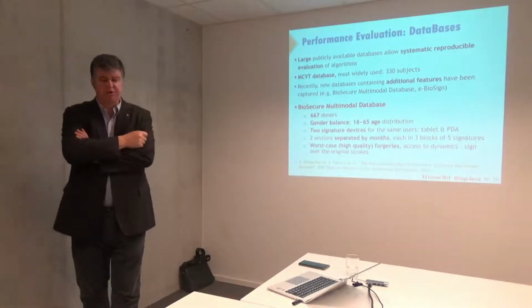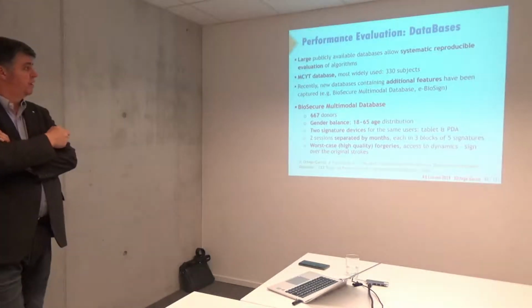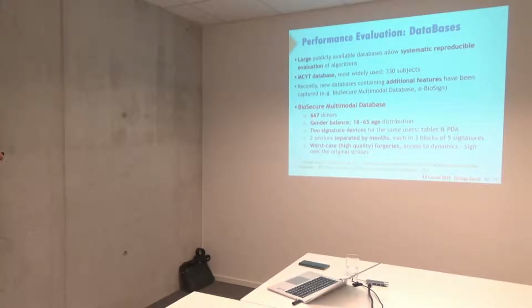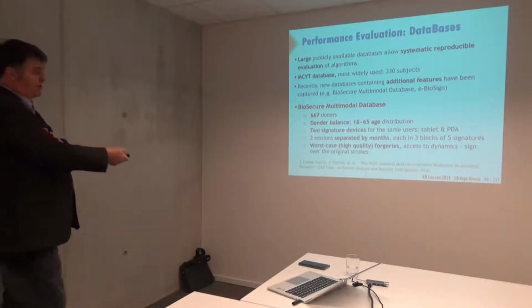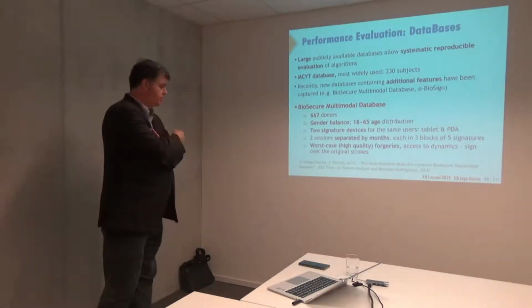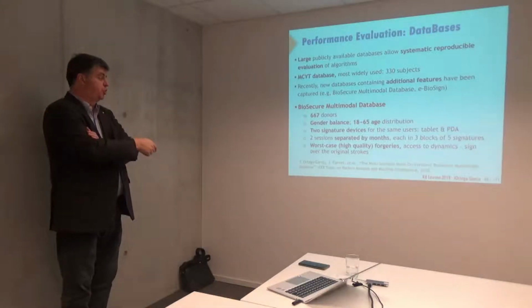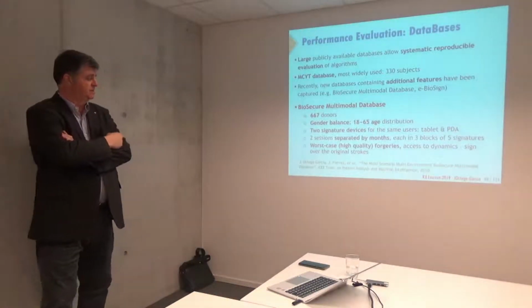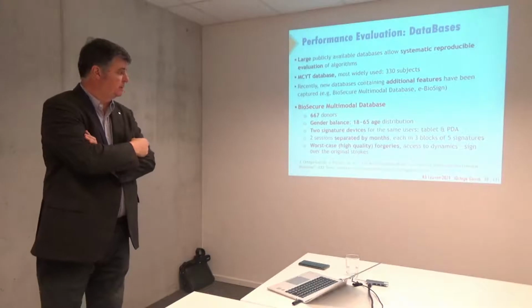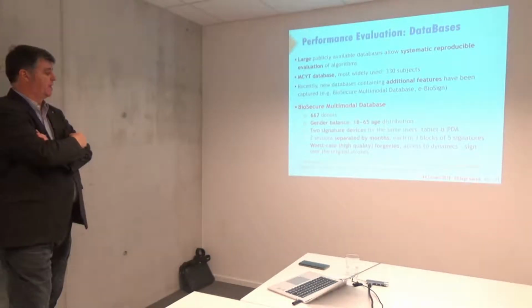This is the Biosecure dataset I told you about. It is almost 700 donors with gender balance. It is publicly available with a very good age distribution, with 2 different signature devices and 2 sessions separated by months. Okay?